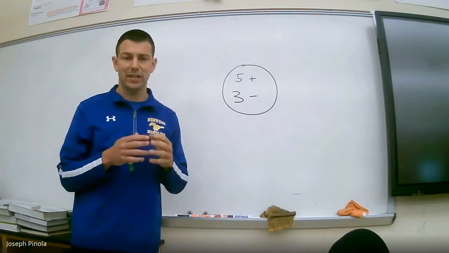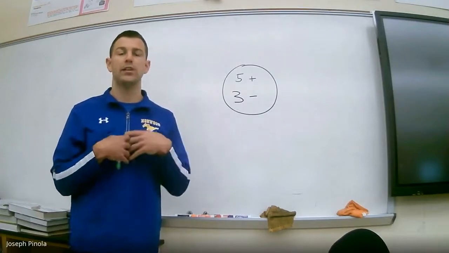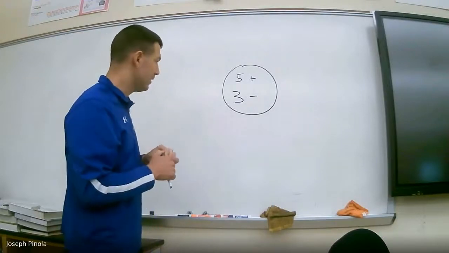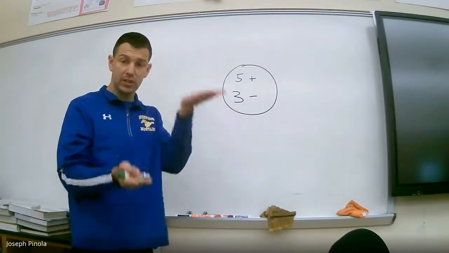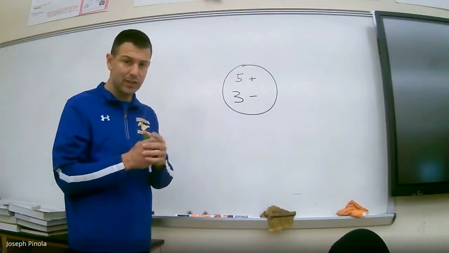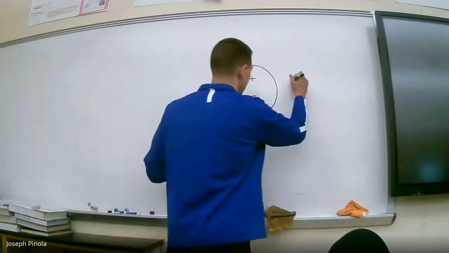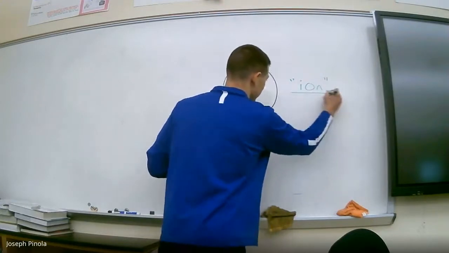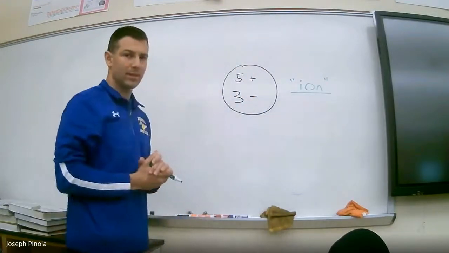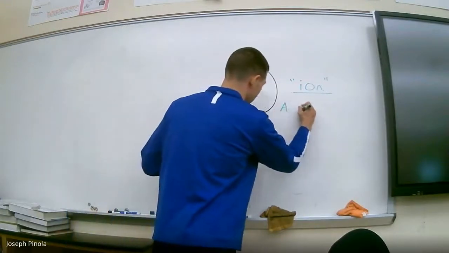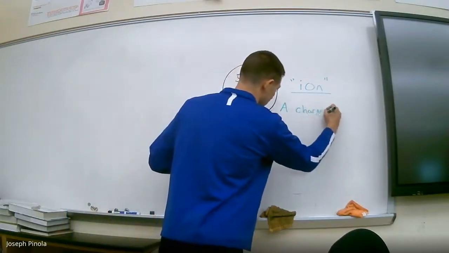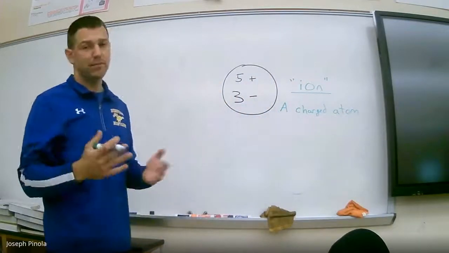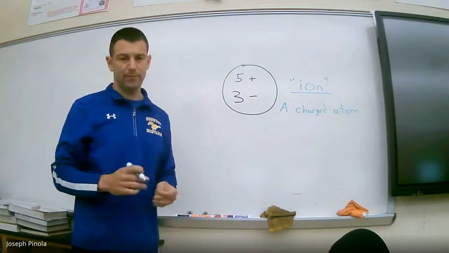Basically, scientists have a nickname for anything that carries an overall net charge, meaning that if there is an imbalance in protons and electrons, that we have what's called an ion. And an ion is very simply a charged atom, or an atom that has a net charge on it.